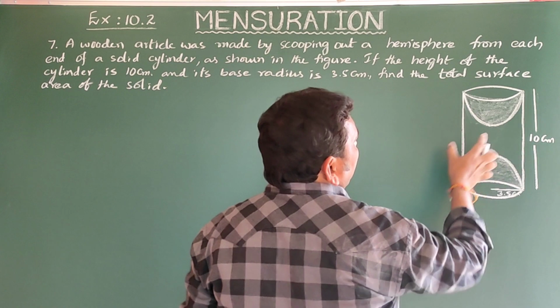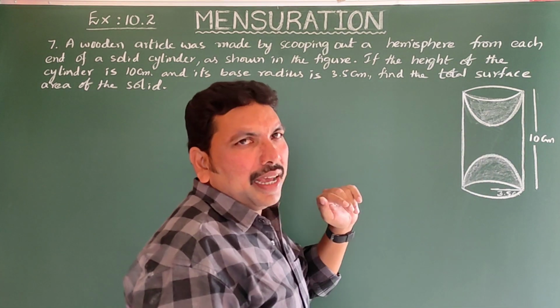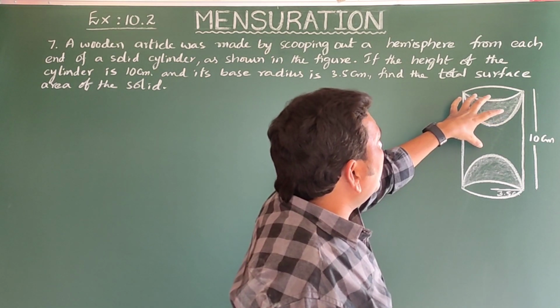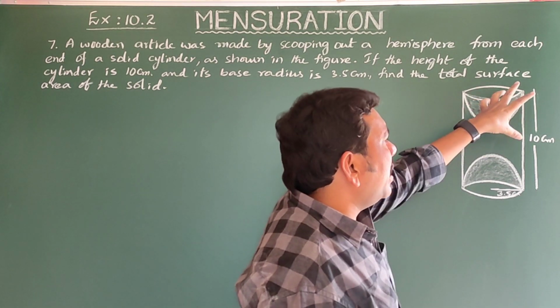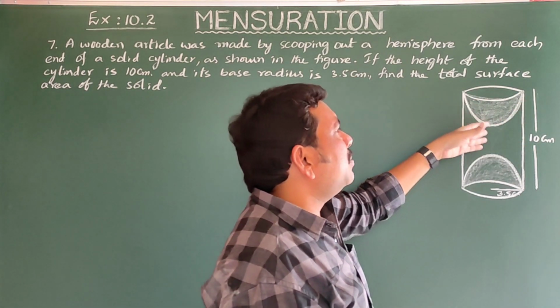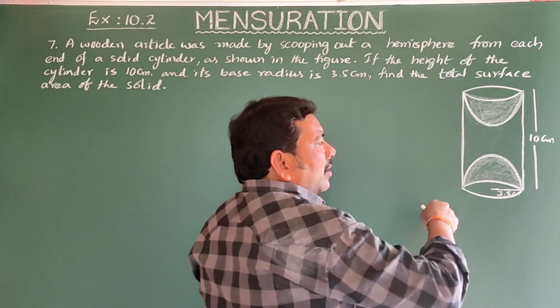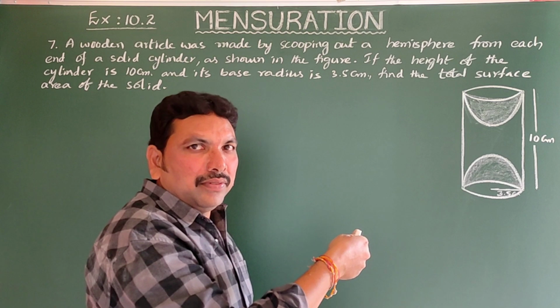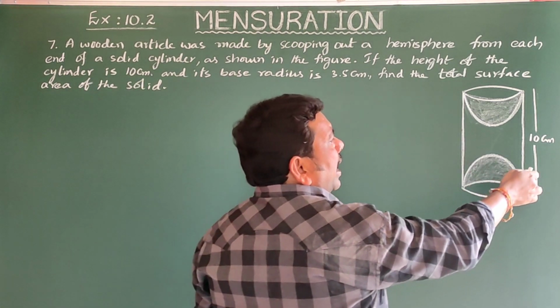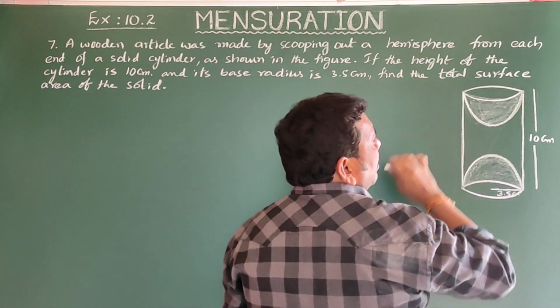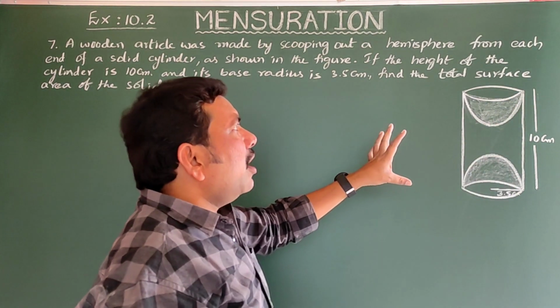It was made in the form of a cylinder. Next, two hemispheres were scooped out on both ends. Right? Scooping means taken out. So height is given as 10 centimeters and base radius is 3.5 centimeters. Then what do we have to find?